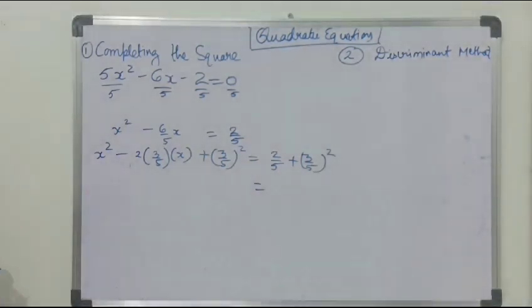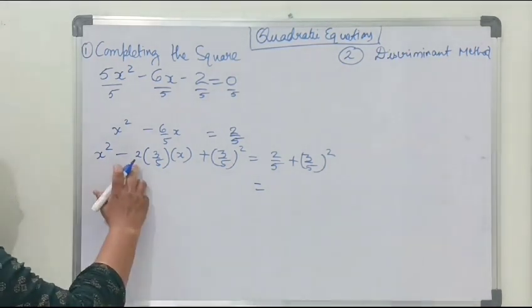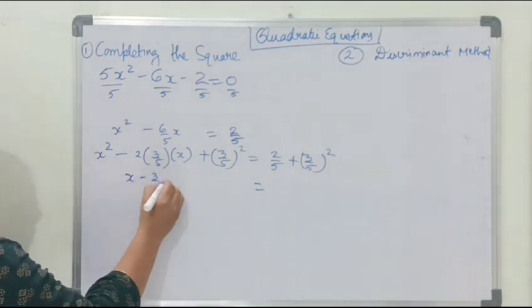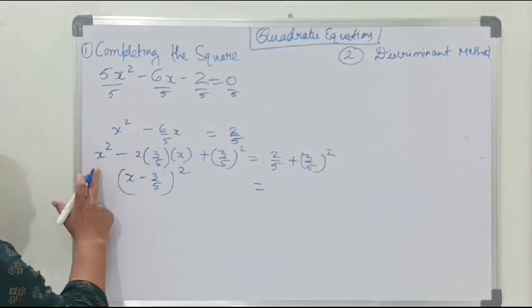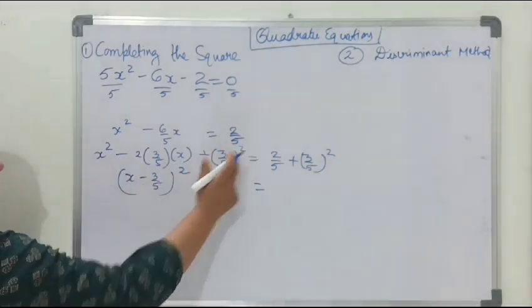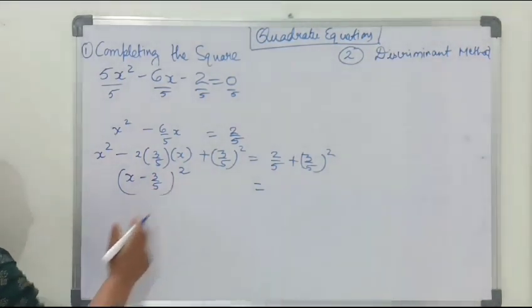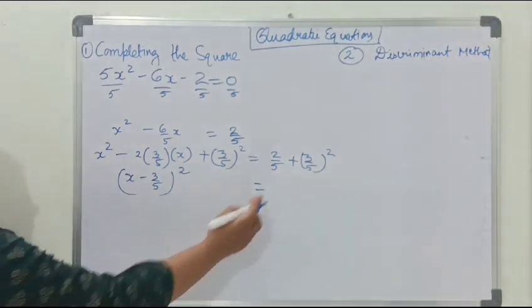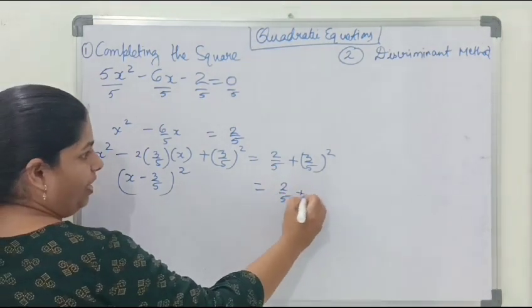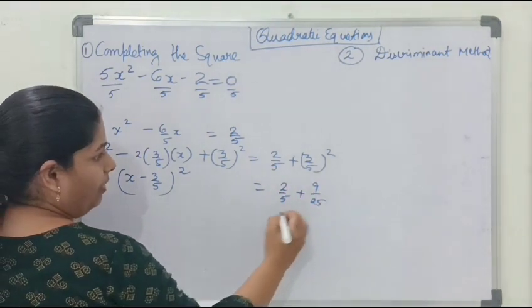Why did I add 3 by 5 square to the RHS also? Because whatever I do in the LHS must be reflected in the RHS. Now, my square here is completed. That is x minus 3 by 5 whole square. A square minus 2ab plus b square, that is a minus b whole square.